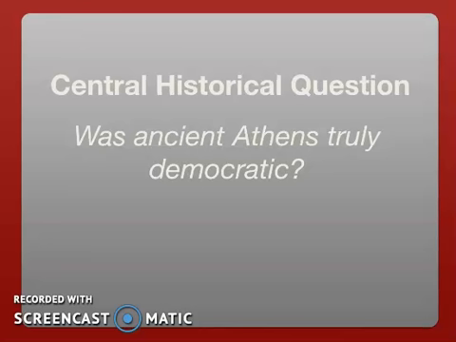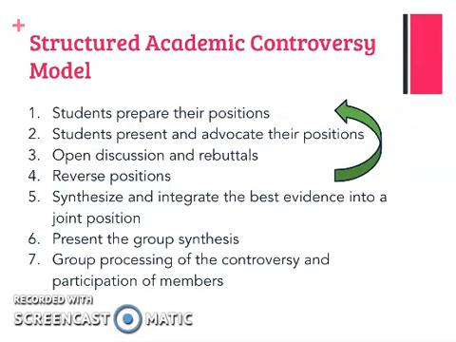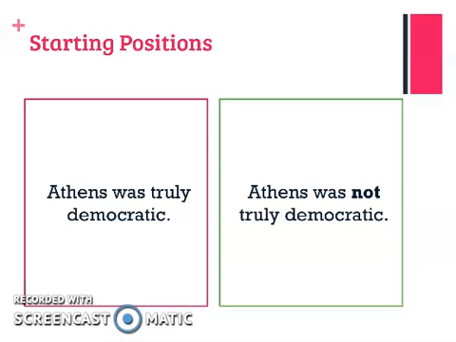So the central historical question that they pose is, was ancient Athens truly democratic? So if you're using this in your classroom, you would give students an opportunity to prepare their positions. One might be that Athens was truly democratic and Athens was not truly democratic.